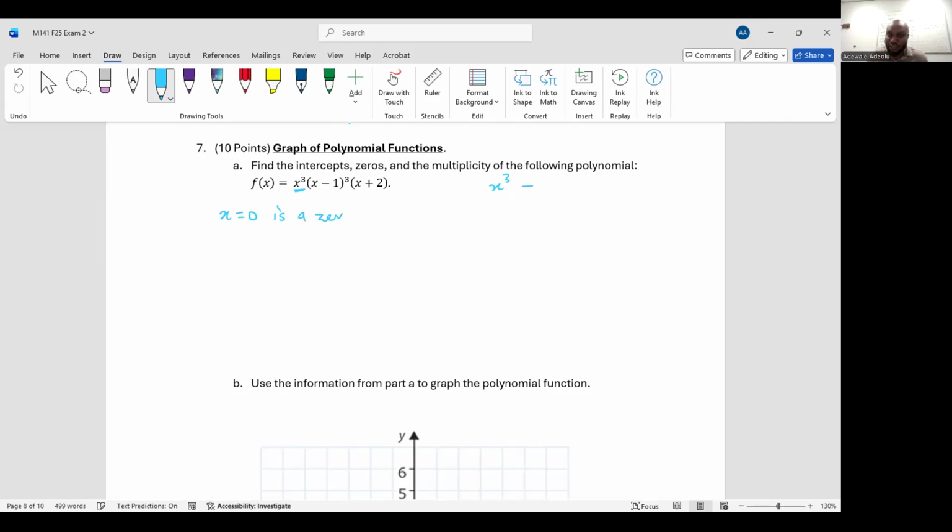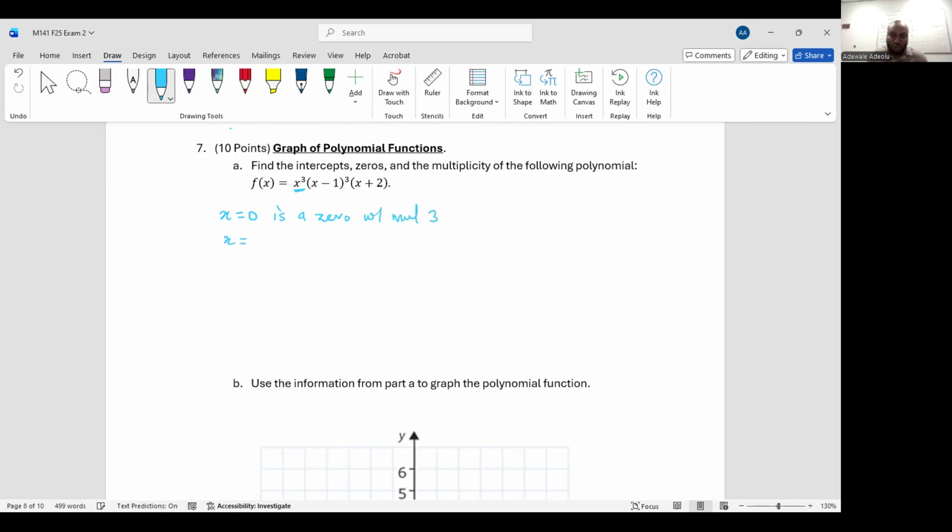Remember, x cubed can be written as x plus 0 raised to power 3. So that is why I claim x equals 0 is a zero with multiplicity 3.